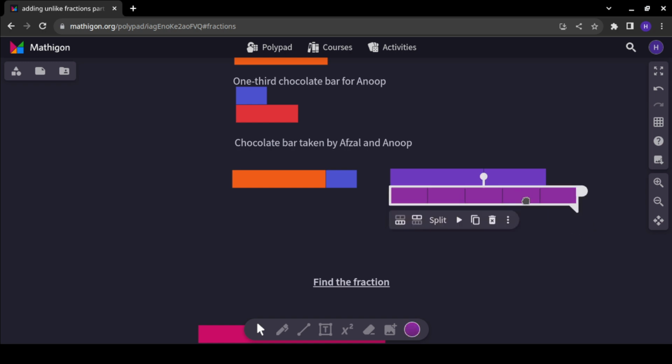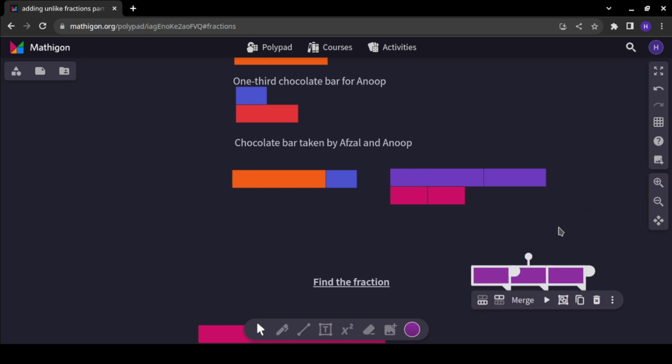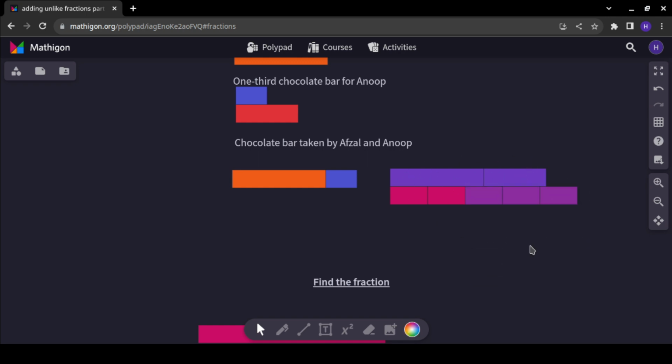Okay, 2 by 5th is 2 out of 5, and it's not the piece that we want. It's not the number that we want to associate this with. So this also is easily verifiable, right? So through all this, they will see that their conjectures are wrong.